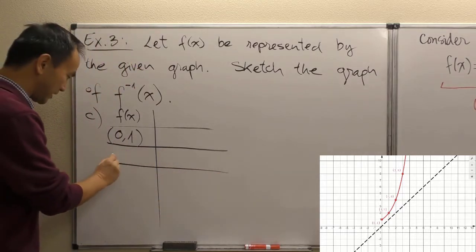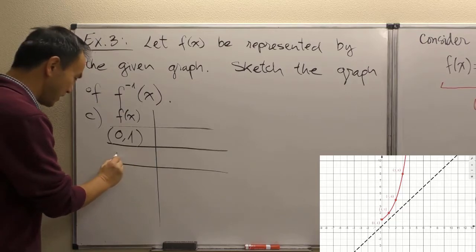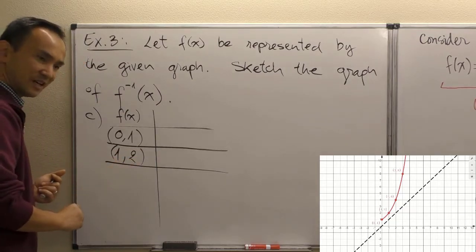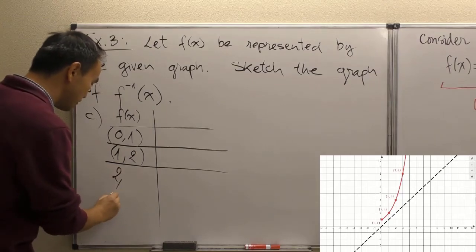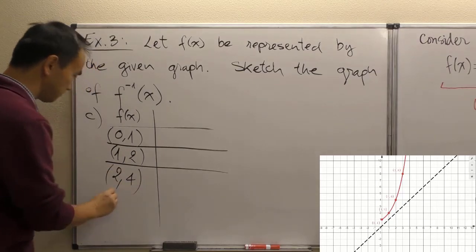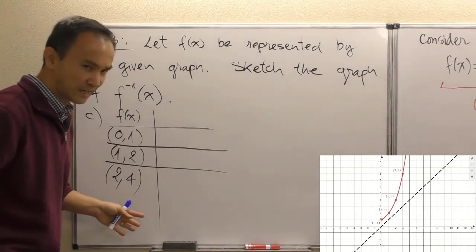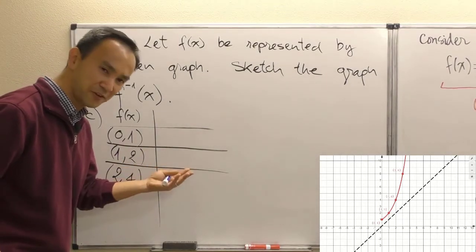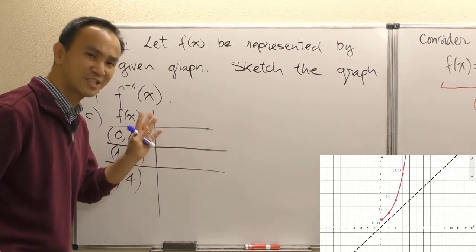And then I have (1, 2). I then have another point at (2, 4). Whichever rule gives this function, if you recognize that, you can hold it for yourself. It will be beneficial for the later lectures. But right now, that's not what we need to know.